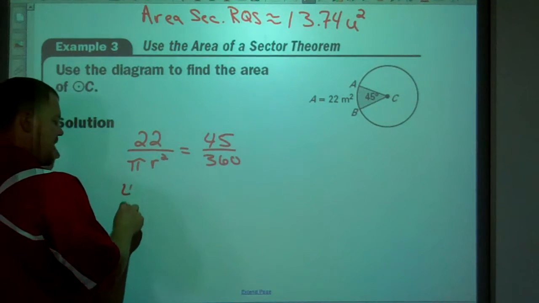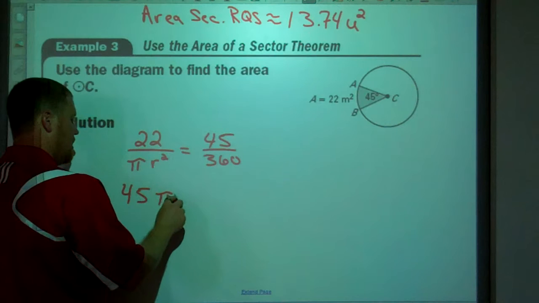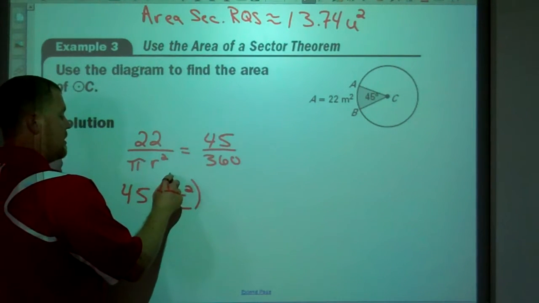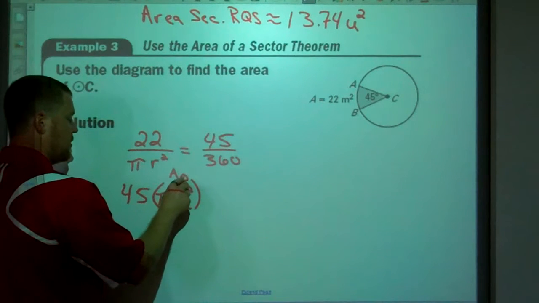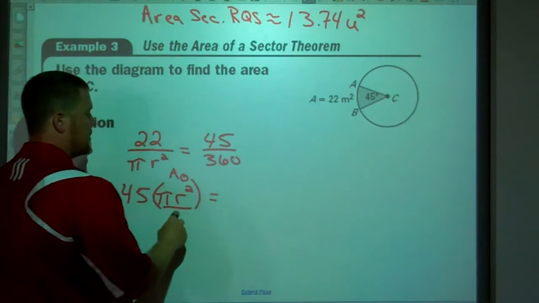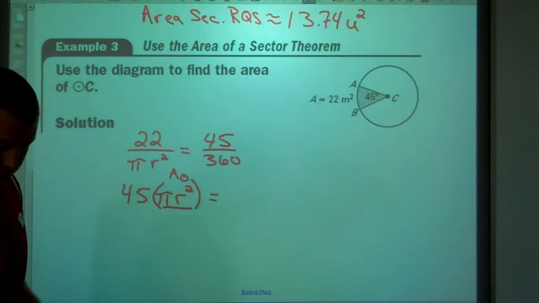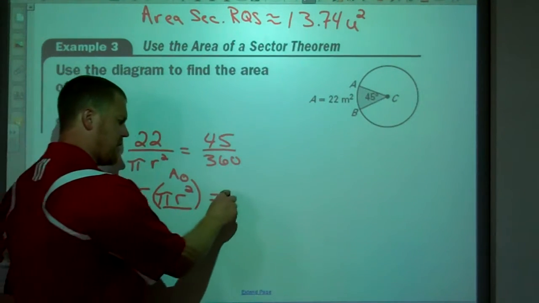So we got 45 times pi r squared, which represents the area of a circle, equals 22 times 360. So 360 times 22, we get 7,920.